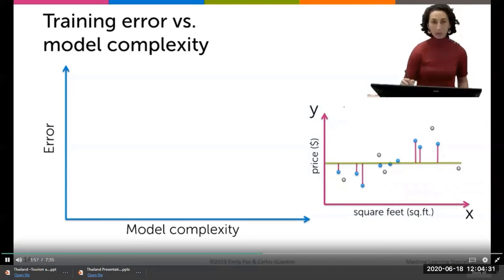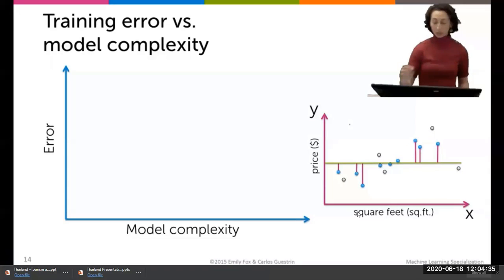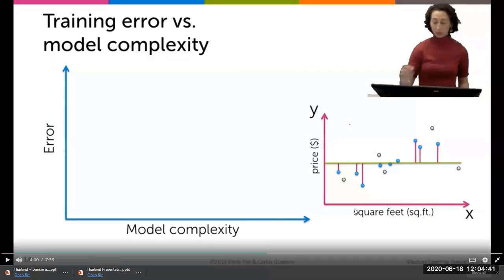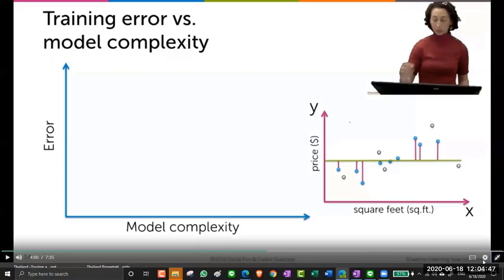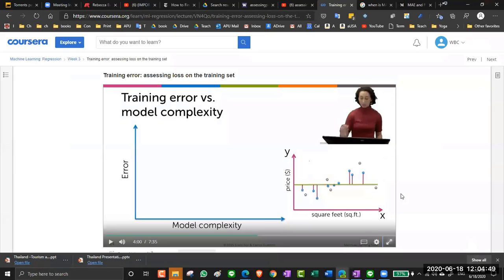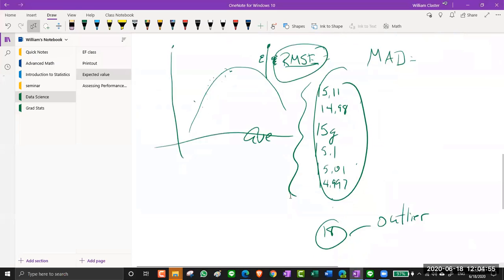So to start with, let's look at the simplest possible model you might fit. So what's the simplest possible model? The linear model. Yeah, so you might say, oh, it's the linear one. But actually, there's even one simpler than the linear one. Let's go back and make sure we agree on what the simplest model is.